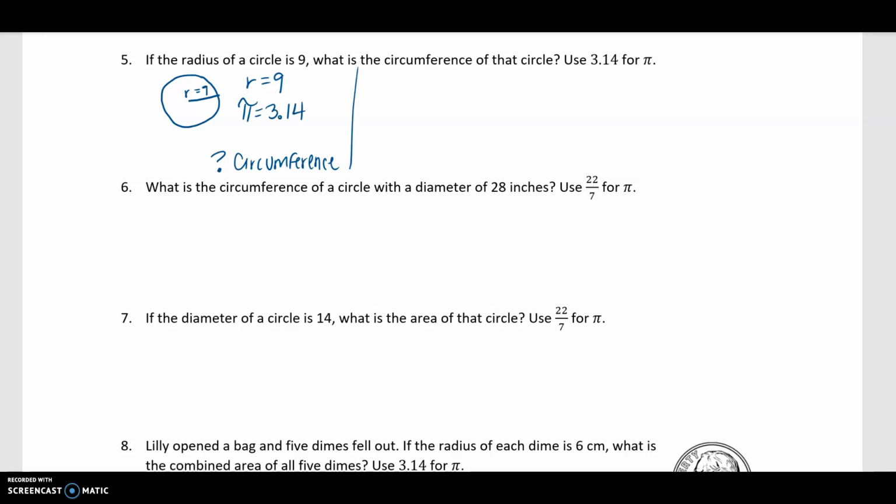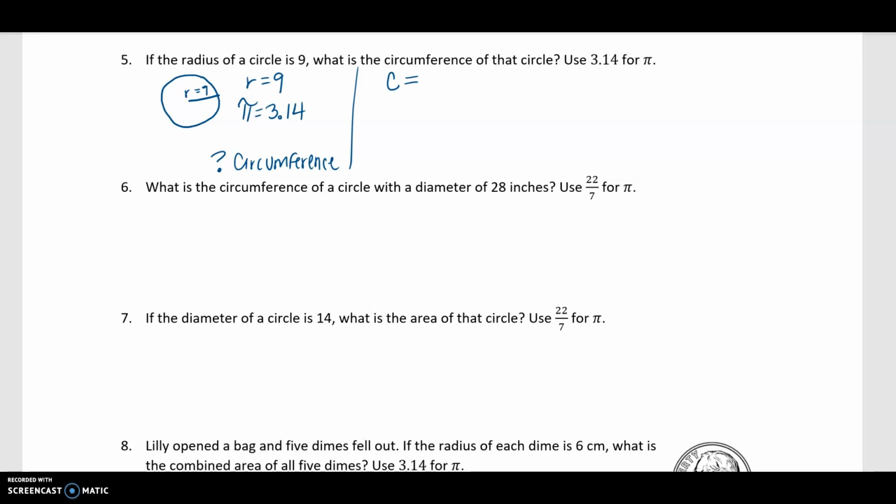Now that I have all that information, I'm going to plan and solve. So I am going to plan out using my circumference formula. Circumference equals, and there's 2 of them. One of them is 2 pi r, and since it has an r in it, we're going to use it when we have a radius, or there's pi times diameter.